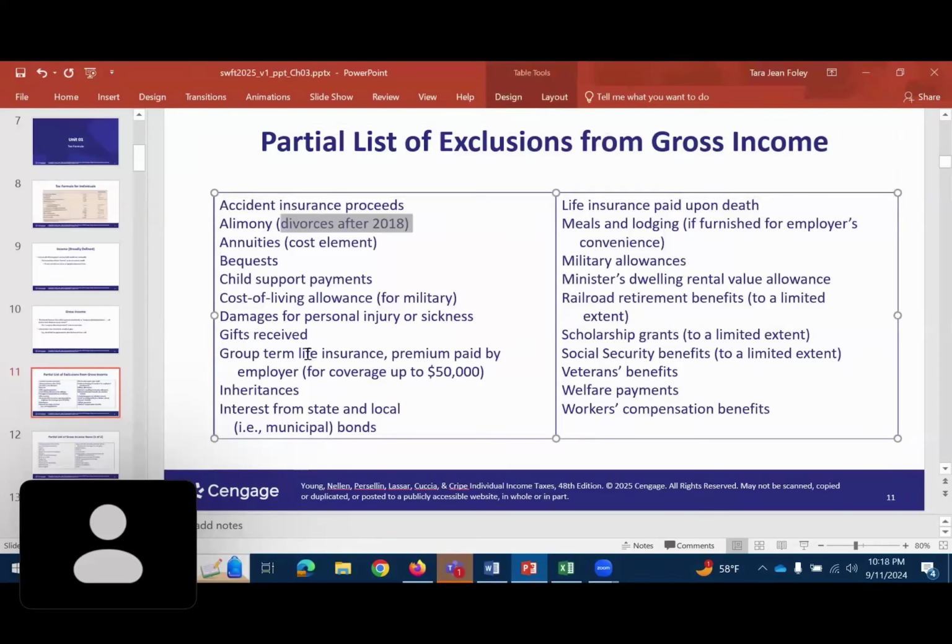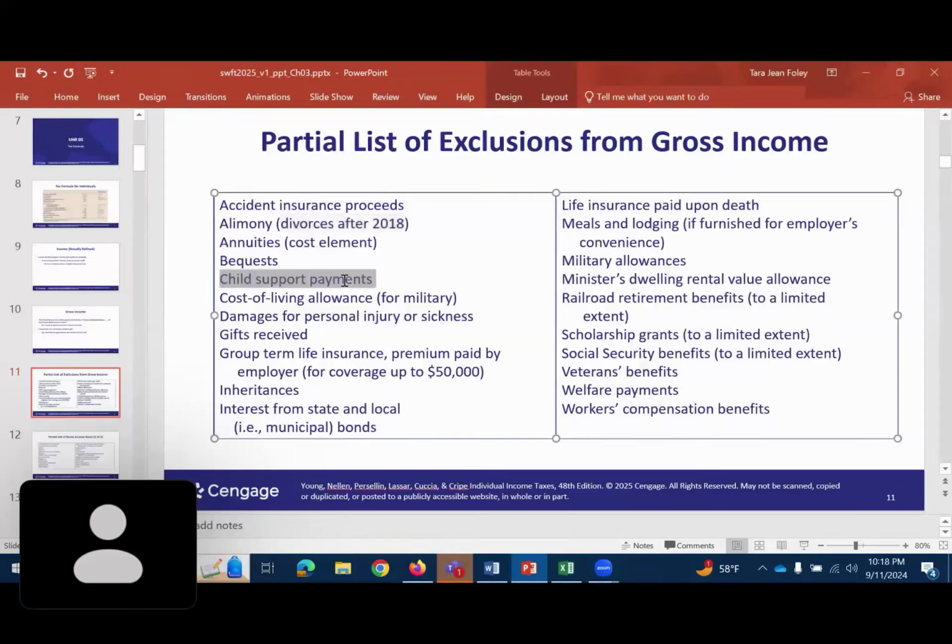Now, if I got divorced in 2017 and now it's 2024 and I received that alimony, is that alimony going to be included in my gross income? Yes, because my divorce happened in 2017. So all my alimony, because I was divorced beforehand, will be included in my gross income until I stop receiving alimony, because my divorce was before 2018. If I got divorced after 2018, none of my alimony is included in income.